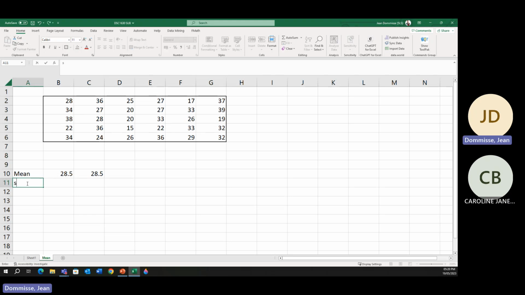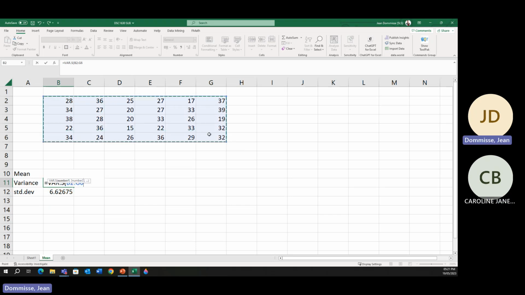So if we needed to work out standard deviation, there's also a function for that. And remember, we're working with a sample, so we use the standard deviation of a sample. I will also now show you something else as well. We also can work out the variance, but again, variance of a sample.